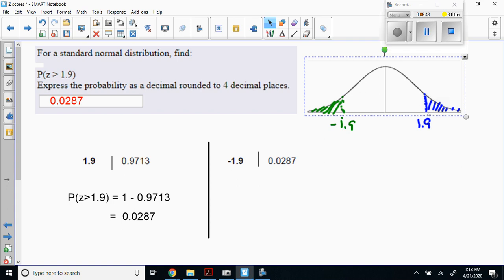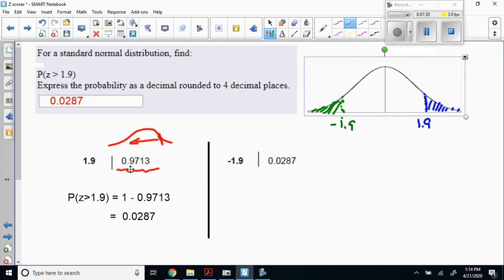It's above the mean. So I just drew it and said, okay, I'm looking at everything above 1.9. That's the blue here. Do you see the blue? But when we read the table, this value right here is everything to the left of that, right?